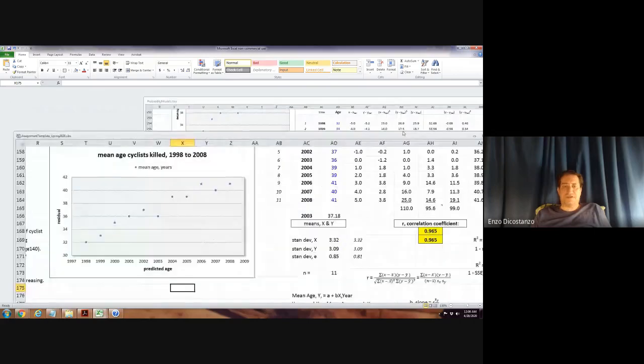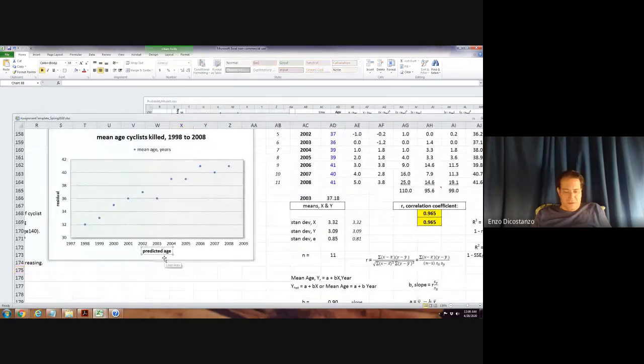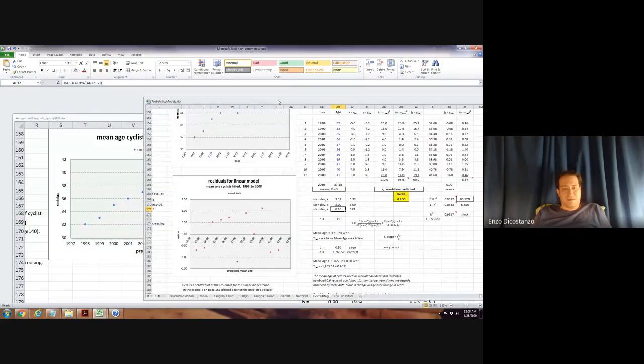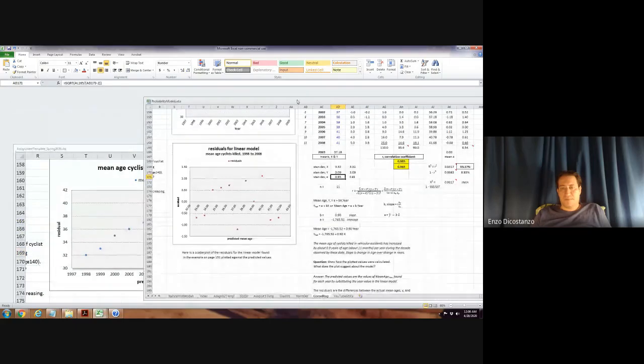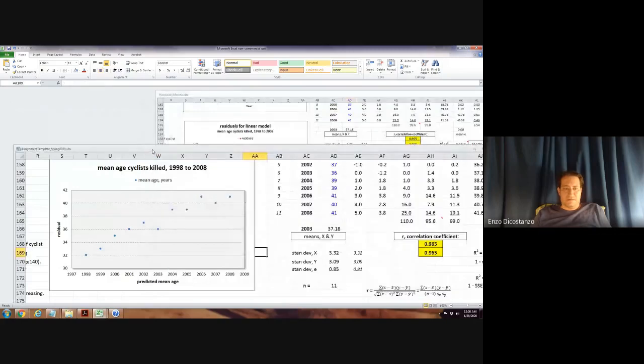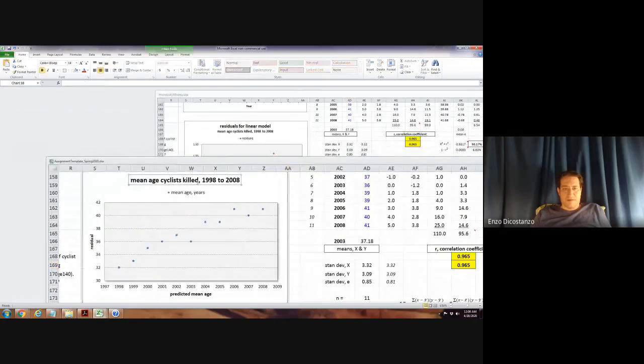Predicted mean age. Let's give another line to this, and this is going to be residuals for linear model. Okay, and this stuff is a little bit smaller.